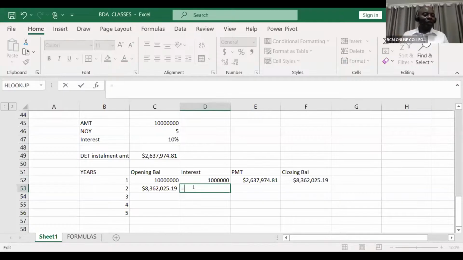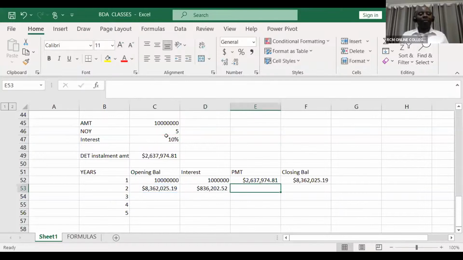Of course, I know the figures will be the same, but it's good to follow the procedure. So that one times the rate of interest, which is 10%. And now remember that this 10% must be locked, because the rate of interest is the same.